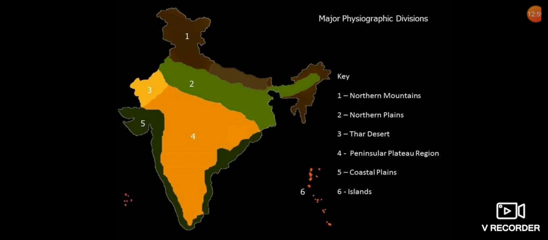Number 6 is presenting the two island groups of India, that is on one side Andaman and Nicobar, and on the other side Lakshadweep.